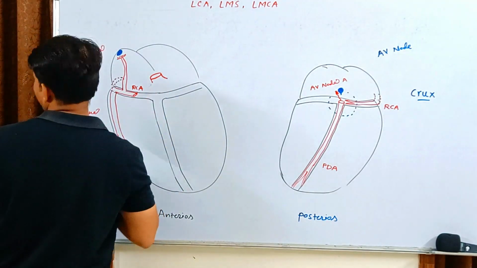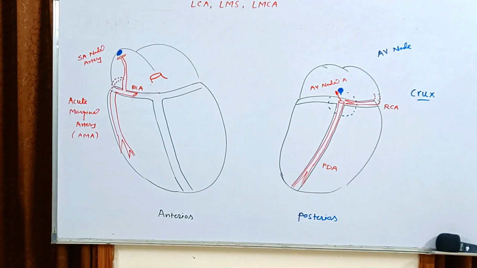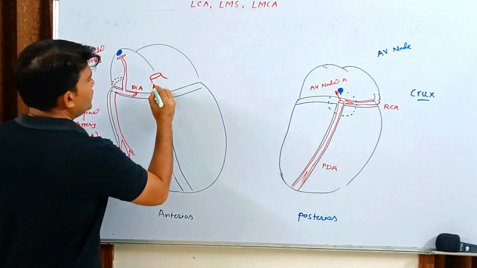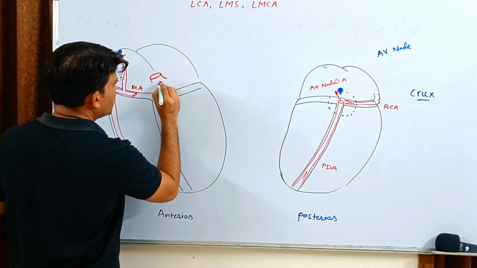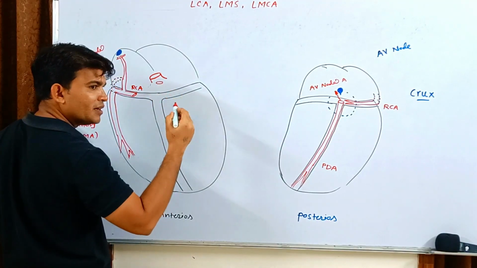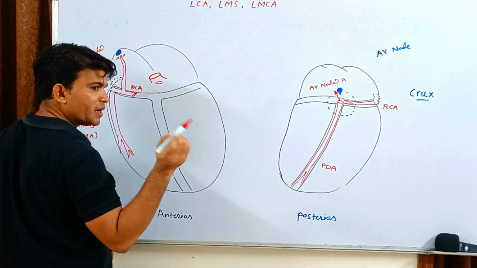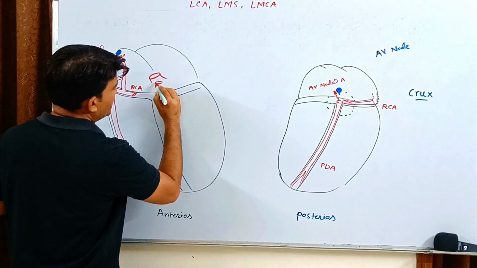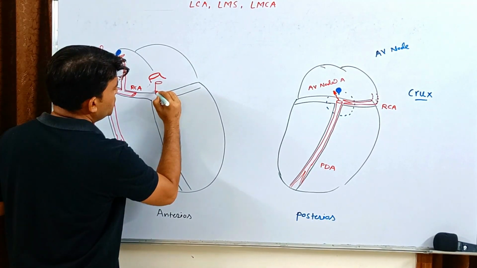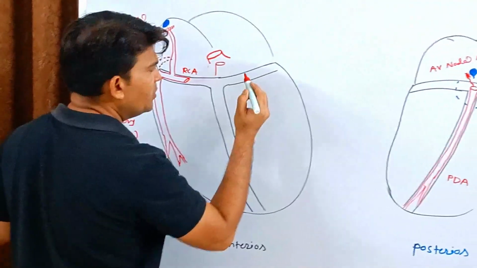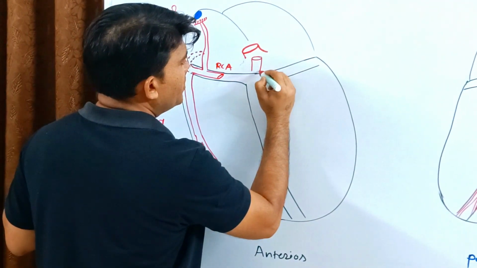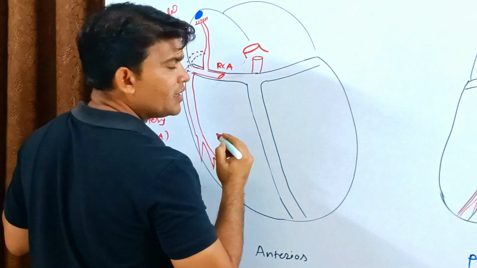Suppose this is the left coronary artery, arising from the left posterior aortic sinus. It travels initially 10 to 25 millimeters, and then it bifurcates into two branches.